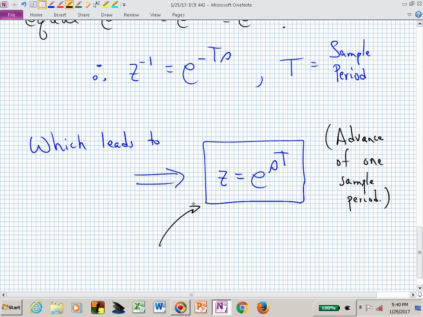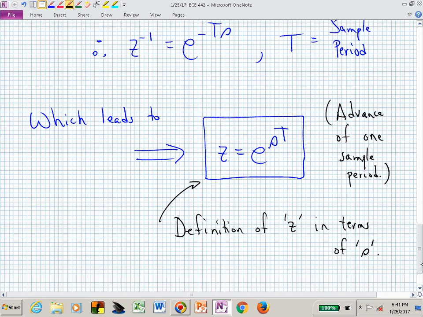Or you could say that this is now the definition of this complex variable z in terms of the complex variable s.